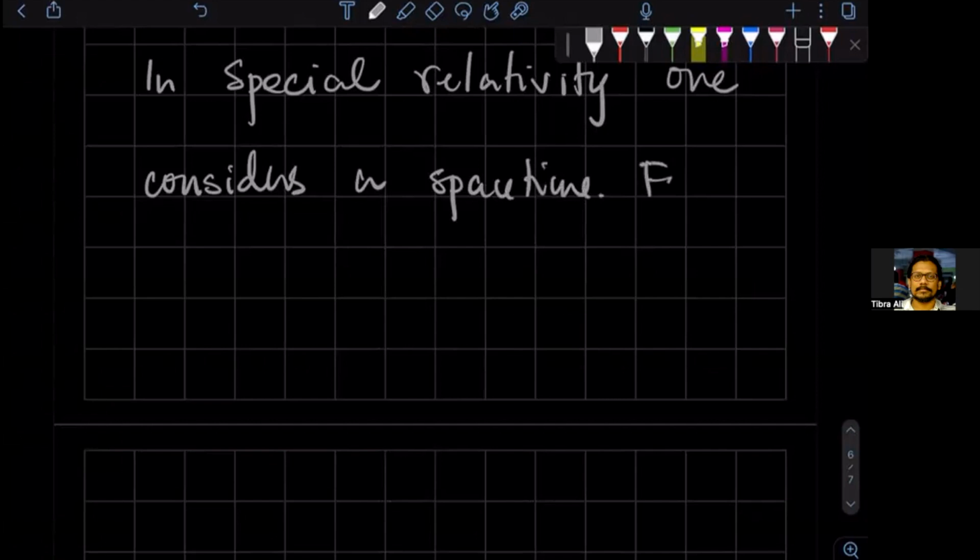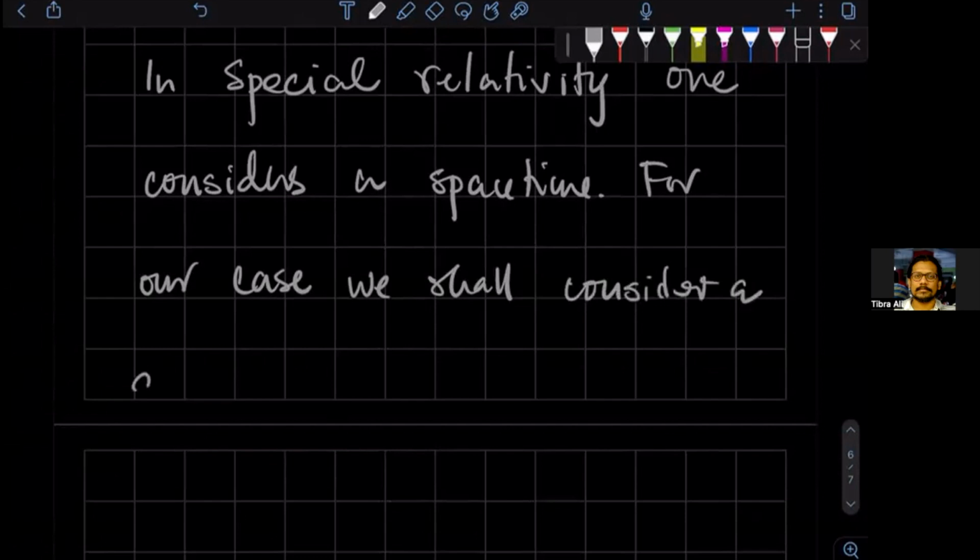For our case, we shall consider a toy space-time, a two-dimensional space-time, okay?